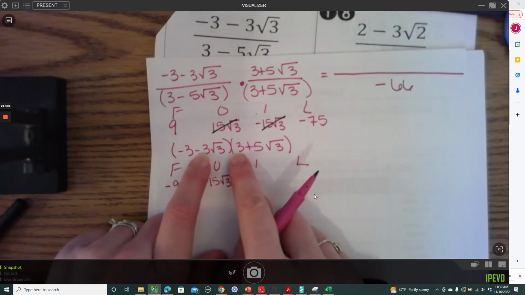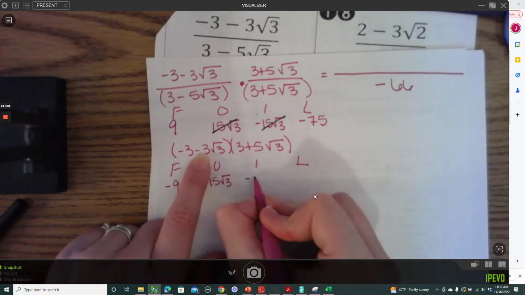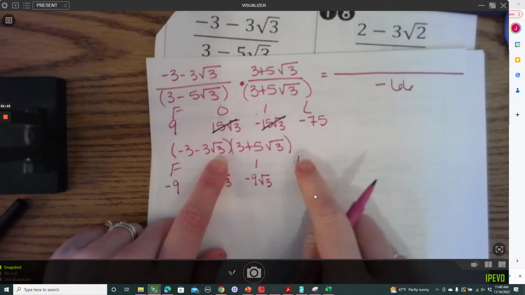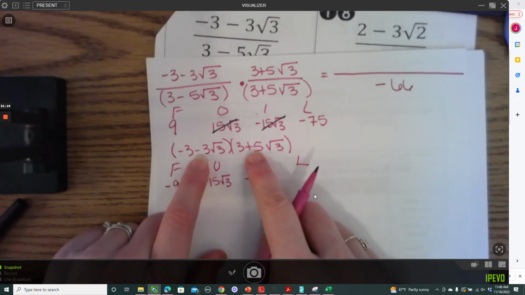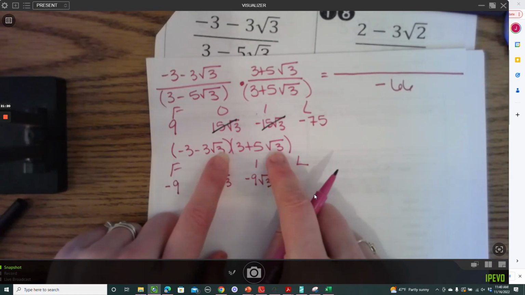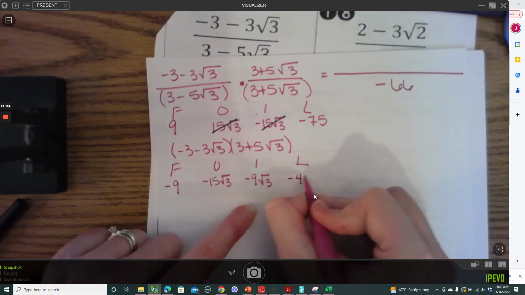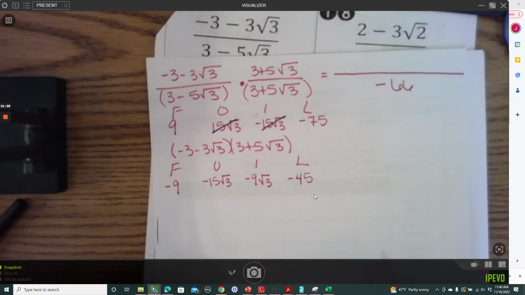Inside, negative 3 times positive 3 is a negative 9. Tack on the square root. And then last, negative 3 times positive 5 is a negative 15, times this 3 would be what? Negative 45. 3, 5, 15, yeah, 45. Okay.